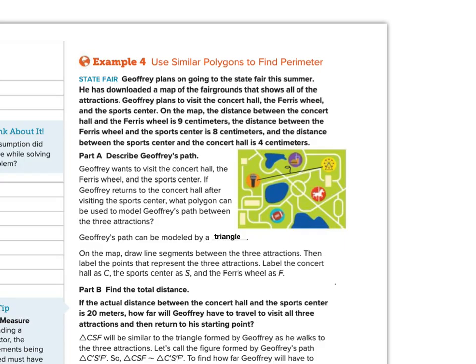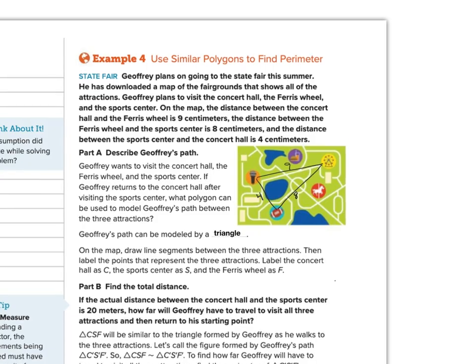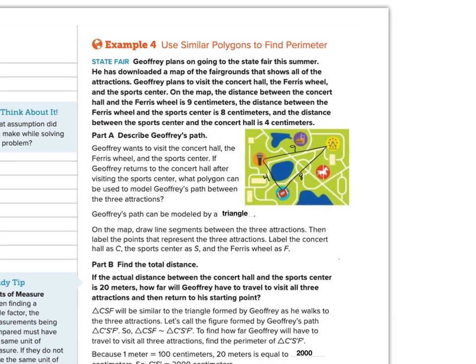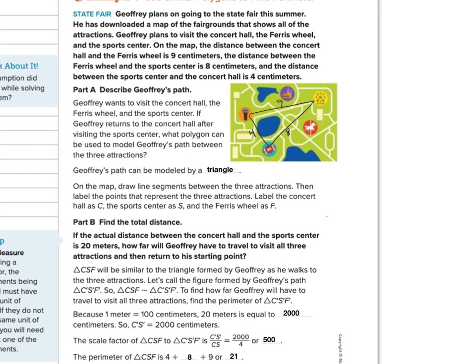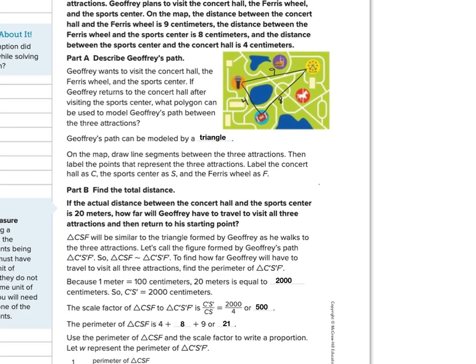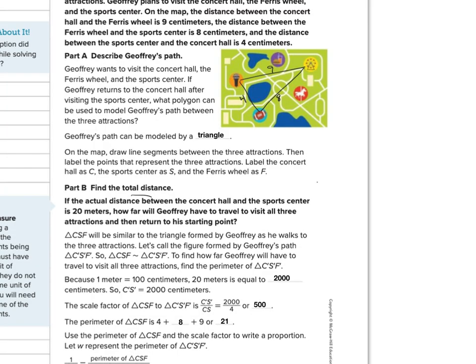The distance between the Ferris wheel and the sports center is 8. And the distance between the sports center and the concert hall is 4. Okay, great. Describe his path. Looks like a triangle, right? Let's see, find the total distance.